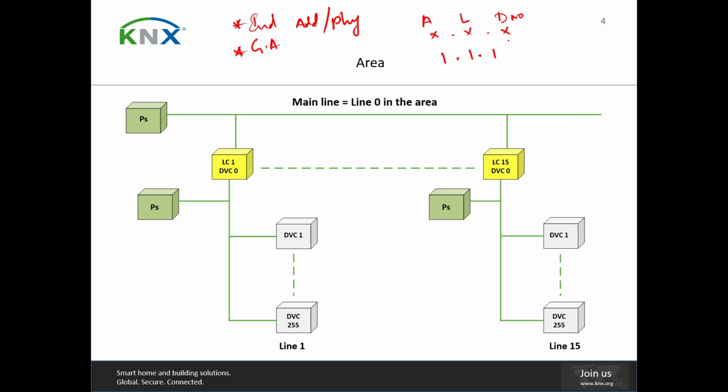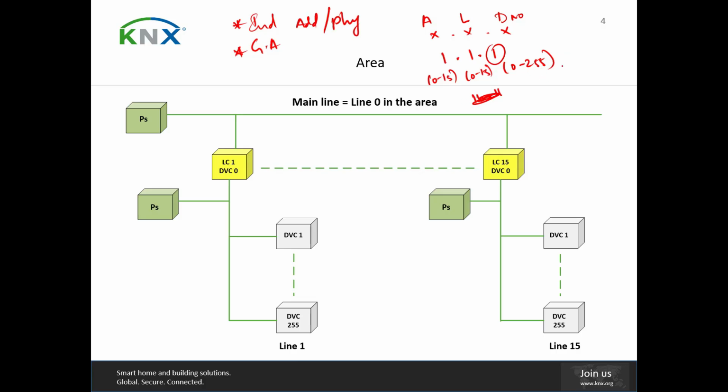So in KNX, the first x can be from 0 to 15, the second x can be 0 to 15, and the third x can be 0 to 255. When you total it out, it is 16 times 16 times 256.